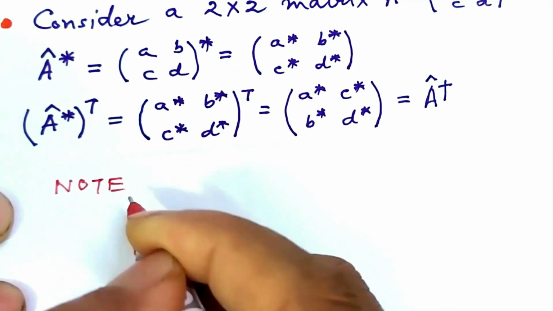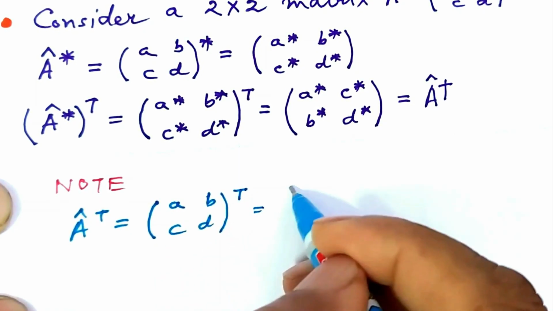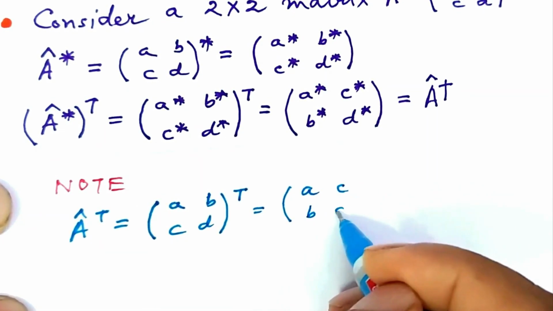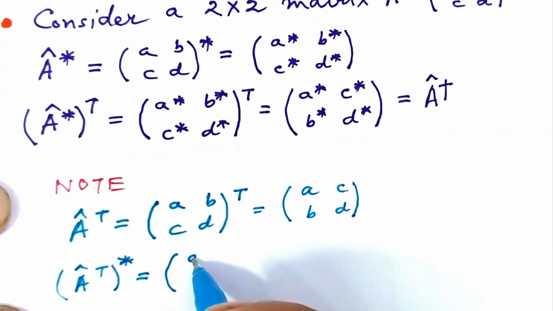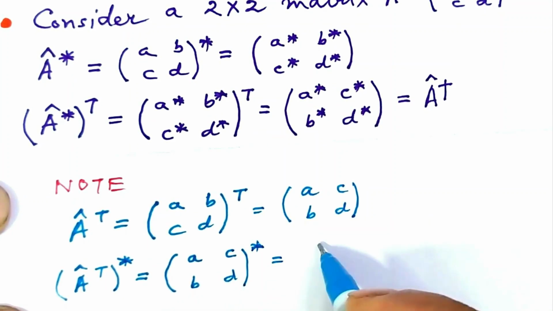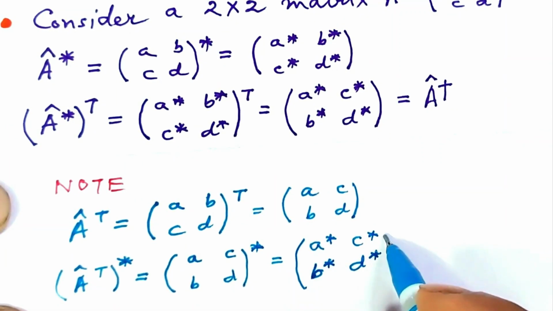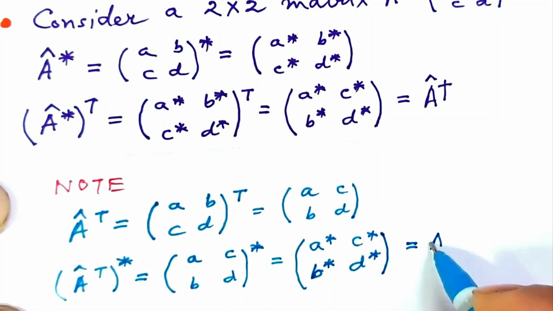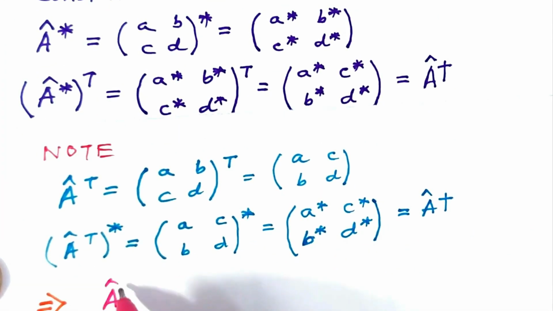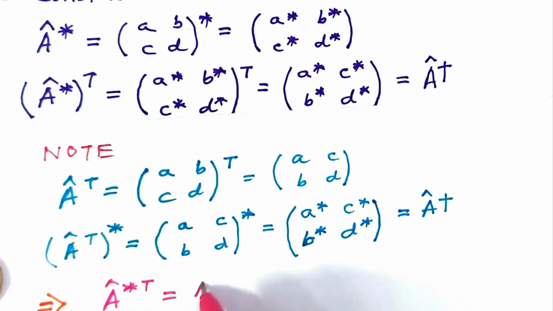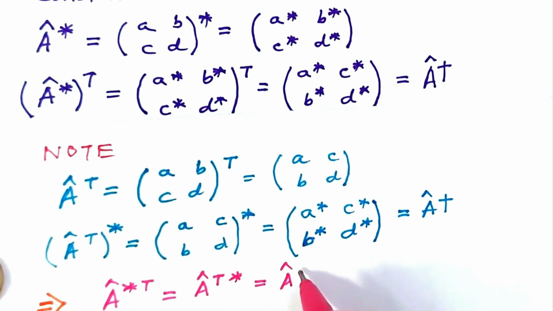We note that had we taken the transpose of A hat first, we would have got A, C, B, D, and taking complex conjugate after that denoted by the star symbol would have given us A star, C star, B star, D star, that is the same A hat dagger. This means A hat star transpose equal to A hat transpose star equal to A hat dagger.